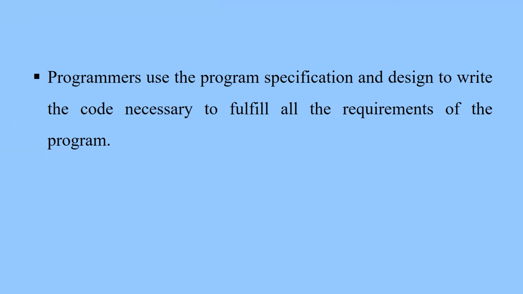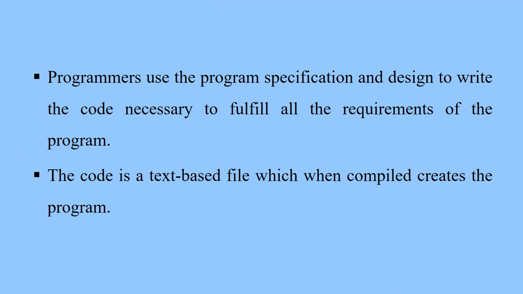Designing, I've already said, is developing the algorithm, coming up with a set of steps that you are going to follow for the problem to be solved. So in program coding, you now interpret the algorithm by writing instructions using a certain language. So the code is a text-based file, which when compiled, creates the program.